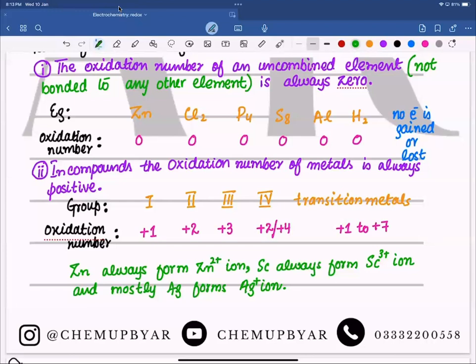So these three you have to remember. Besides these three, you can always figure out from the periodic table or the rules that we are discussing.